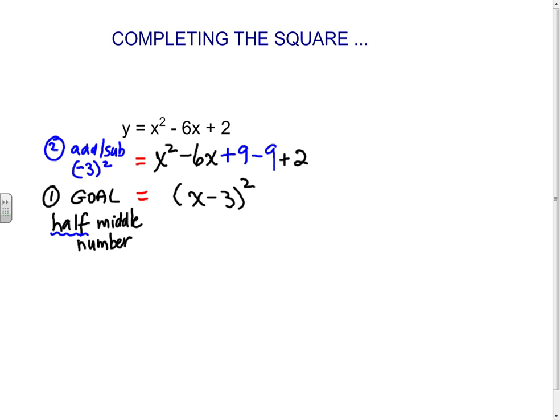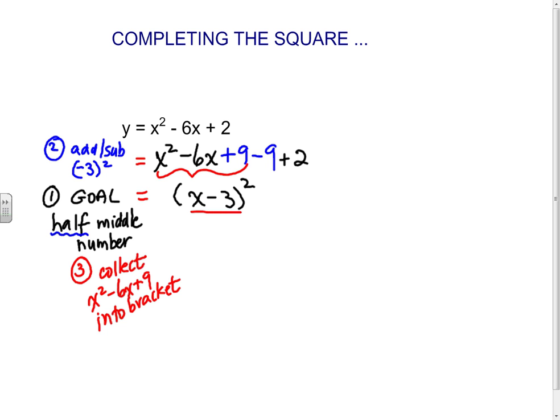Returning to my third line, I'm going to collect the x squared, the minus 6x plus 9. That would go into the bracket, which I've already written. So those three things are really this.